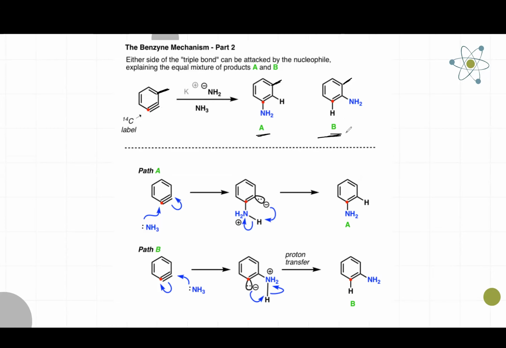It makes A and makes B. But let's say originally this was my Cl group, and of course we took the H here. But let's say we were to take the H on this side.